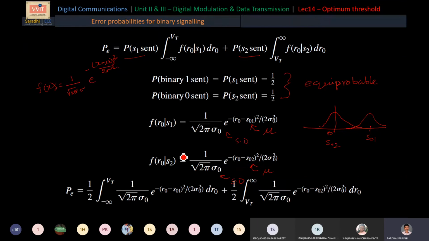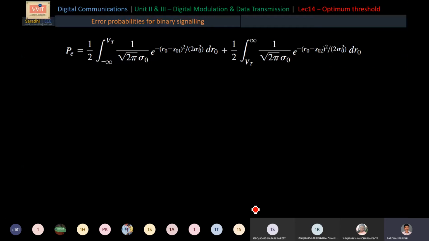Then we are substituting over here the total probability formula, right? And we are supposed to now solve these two integrations so that we can obtain the optimal threshold value ultimately at the end of this class. To solve these two integrations, we are making some substitutions, and that substitution is this lambda.